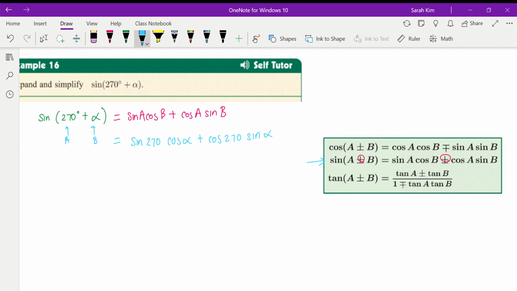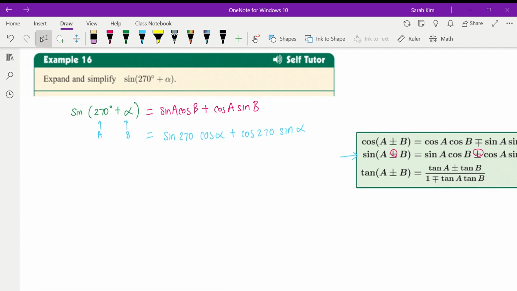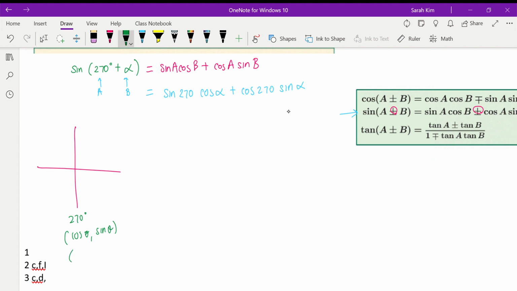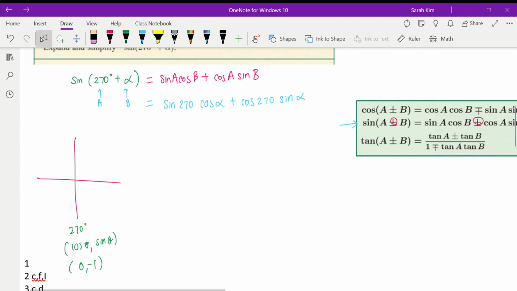Now I should be able to simplify this without a calculator because I know how unit circles work. 270 degrees is a very familiar angle. The x-coordinate and y-coordinate are cos theta and sine theta, and my actual values would be x is 0, y is -1.